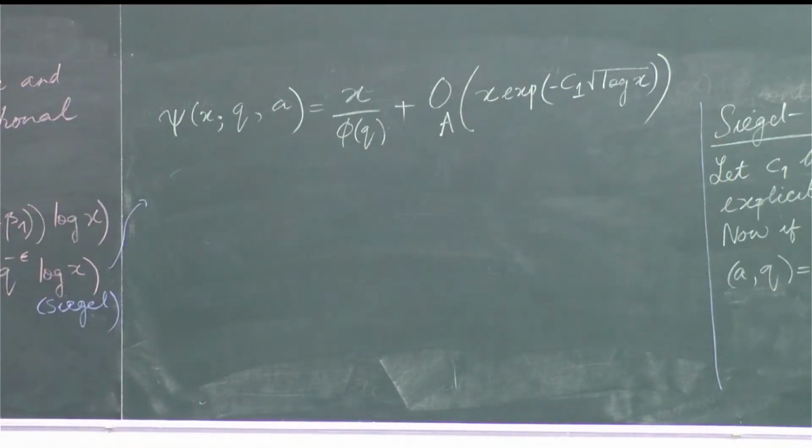And this is x q a. So if you want a universal bound, then you lose in terms of the effectiveness of the constants.